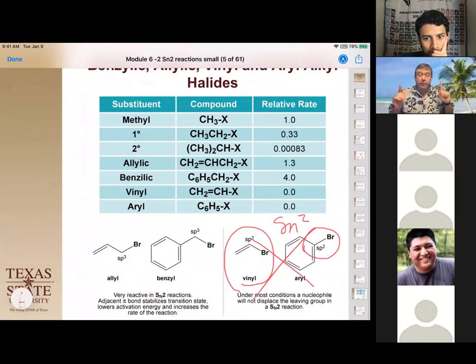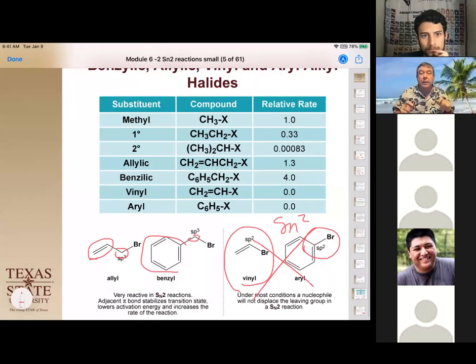They undergo other reactions, but not SN2 reactions, because they do not have an sp3 hybridized carbon. However, we can have a vinyl group 1 over or a benzene 1 over from an sp3, and those still react, okay? And those actually tend to react faster because we have that adjacent pi bond to help stabilize the transition state. We have extra electrons as it's going through that transition state.